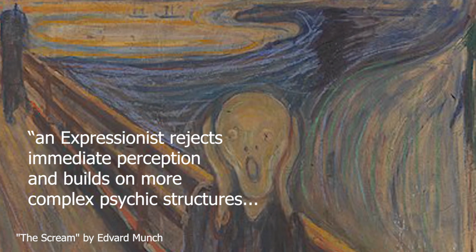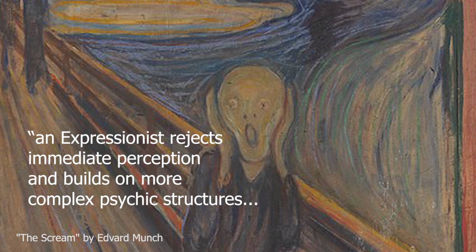An Expressionist rejects immediate perception and builds on more complex psychic structures. So that is pretty cool that we now know what Expressionism is more or less, and how the name Expressionism came to be. So next what we're going to see is, what are the key goals of the Expressionists?